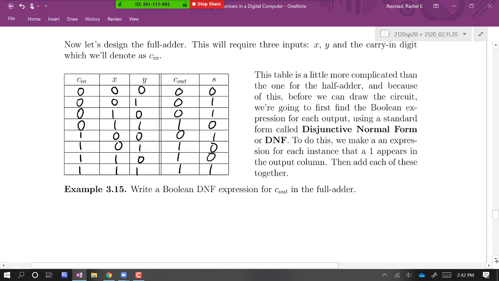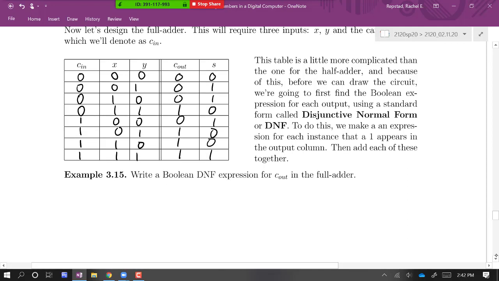Now, we're going to get Boolean expressions for the carry out and the sum digits. We're going to focus on the carry out first, just because. And just like we did before, the way I'm going to get this expression is figure out, where do I get a 1? What are the conditions that produce a 1 in the carry out?